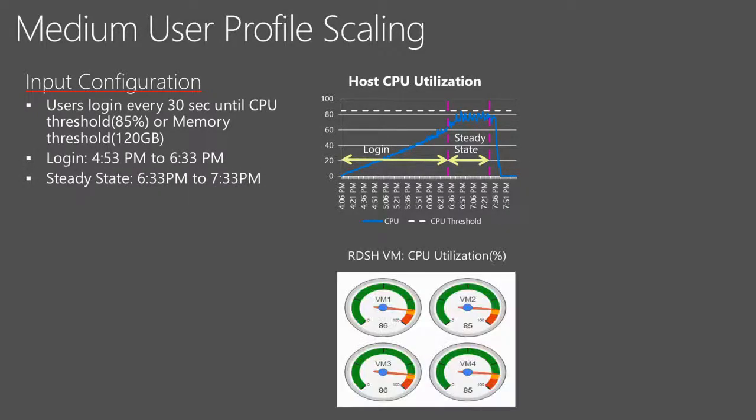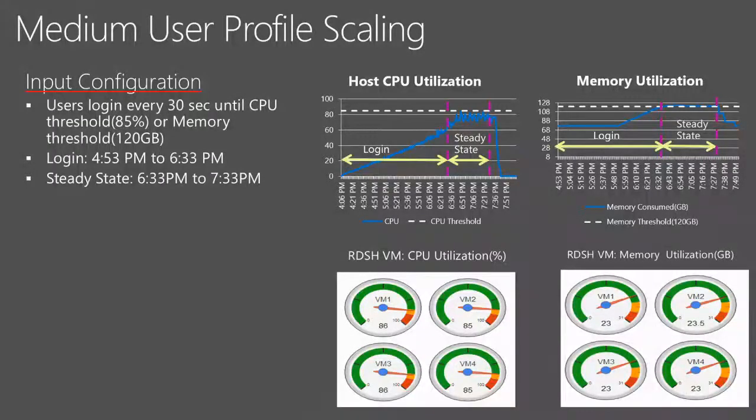And you can see the memory followed suit, but did not get to the limit. So the result was we were able to get 200 medium users onto the system at that 85% CPU utilization, which translates to about 5 users per virtual CPU. Okay? So that's one of the key numbers that you'll want to remember as you're planning a system.